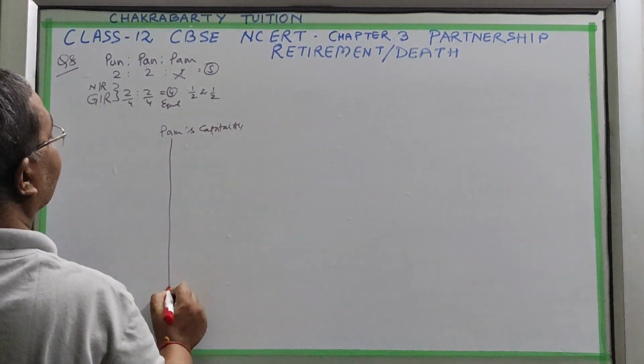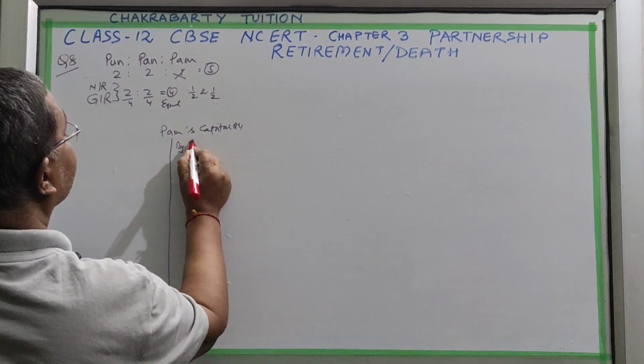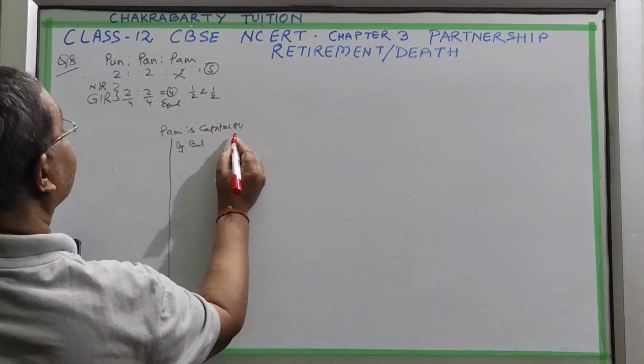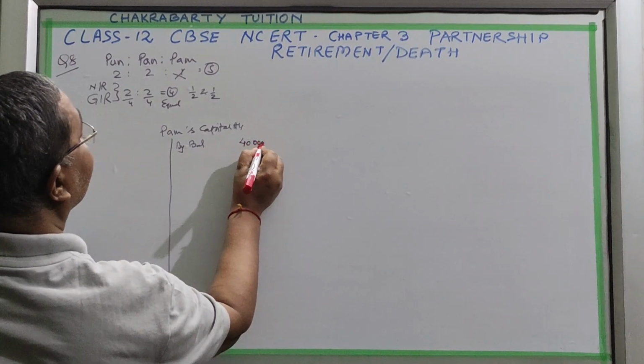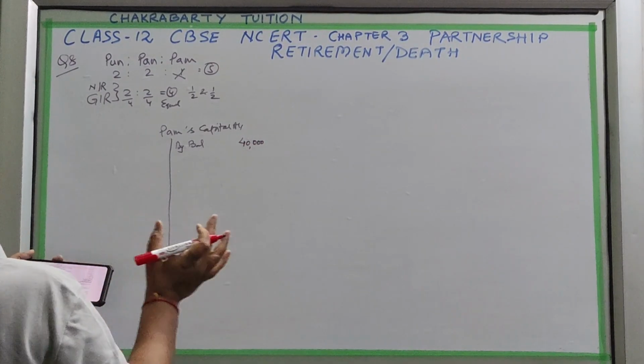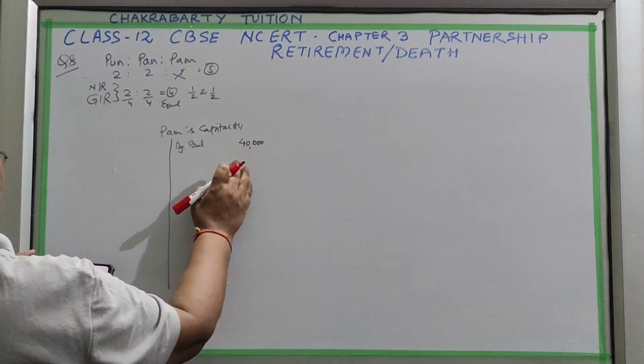By balance, Pammi's balance is 40,000. General reserve is not given, so he will not get the general reserve.